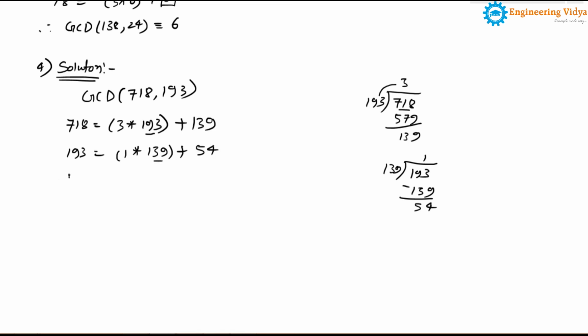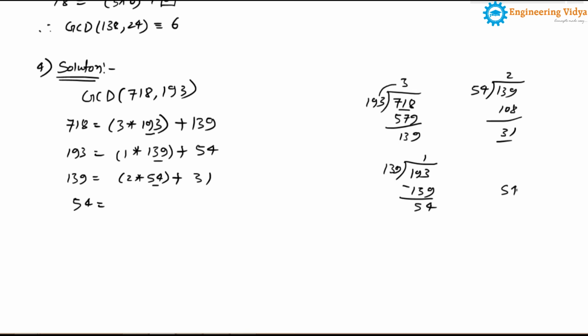Since here we have 139, I'll write 139, and 139 will be divided by 54. It will go 2 times, 108 will come, and after that 31 will come. So 139 can be written as 2 into 54 plus 31.